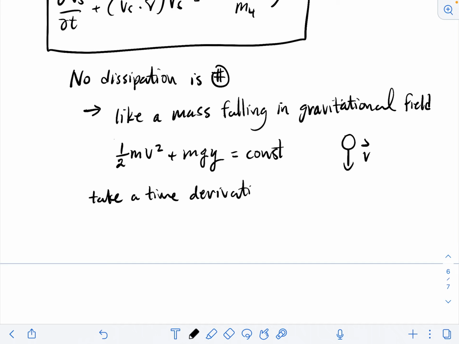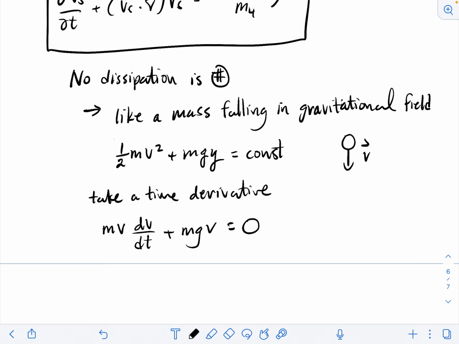If I did that, what would happen? We would get m v dv/dt plus mg y dot, which would be v, and we have a constant, so the time derivative of the constant is 0.